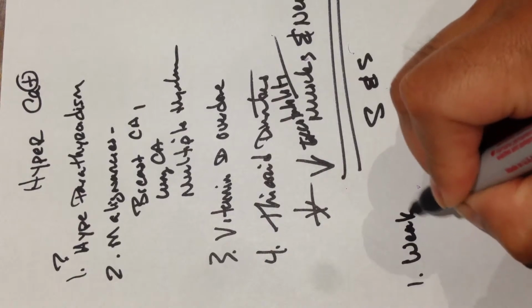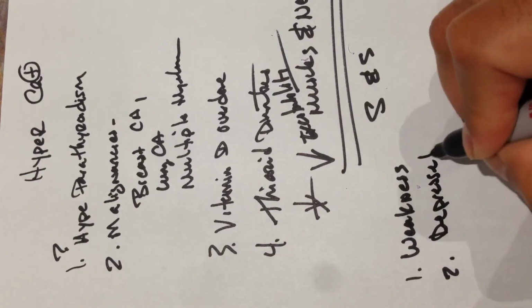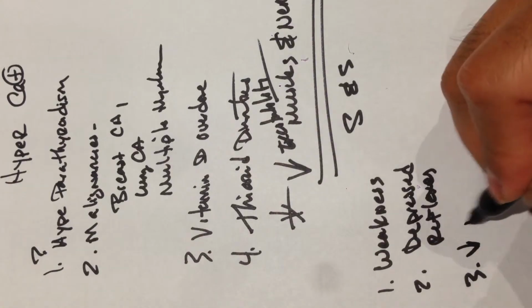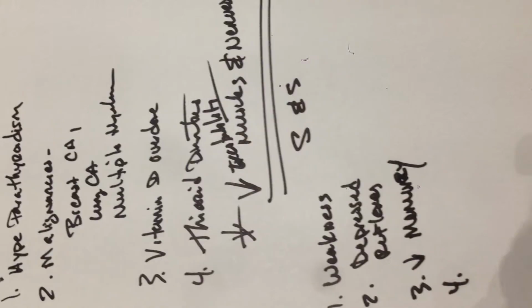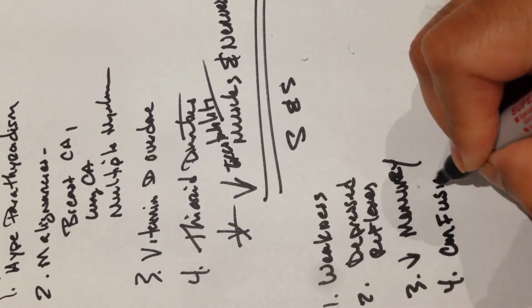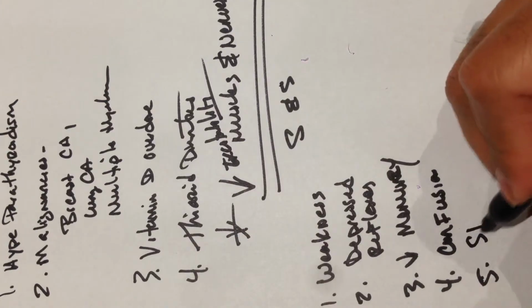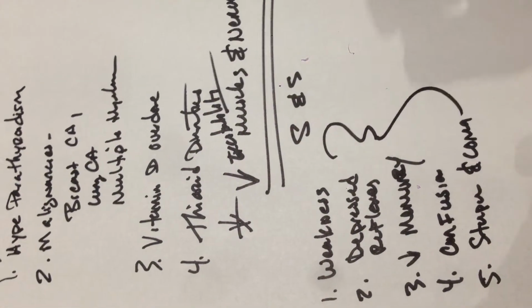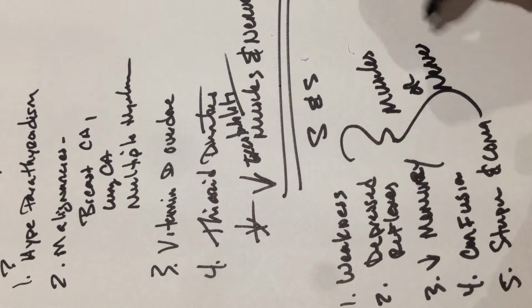Number 1, weakness. 2, depressed reflexes. 3, decreased memory. 4, confusion. 5, stupor and coma.